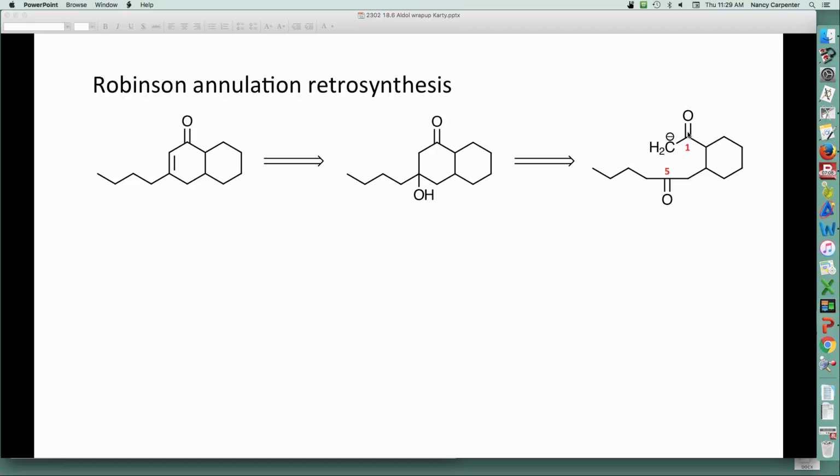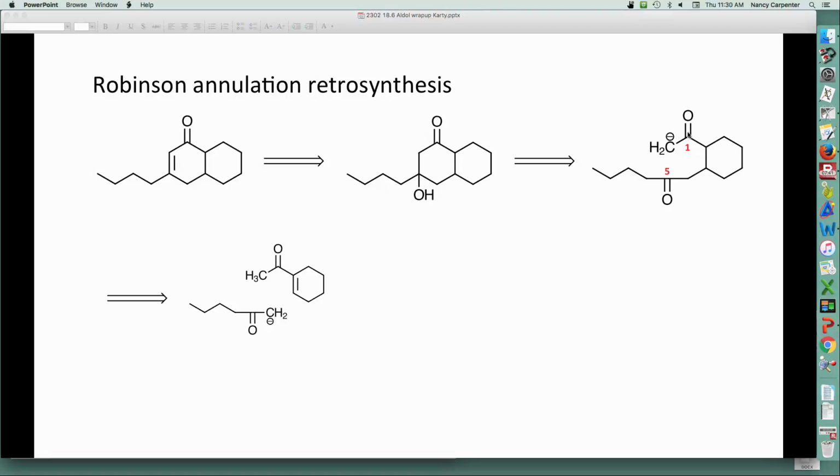There's my Michael step. So my Michael step is going to be either addition of an enolate right here to an alpha beta unsaturated carbonyl right here, or it could be that I'm adding an enolate here to an alpha beta unsaturated carbonyl there.